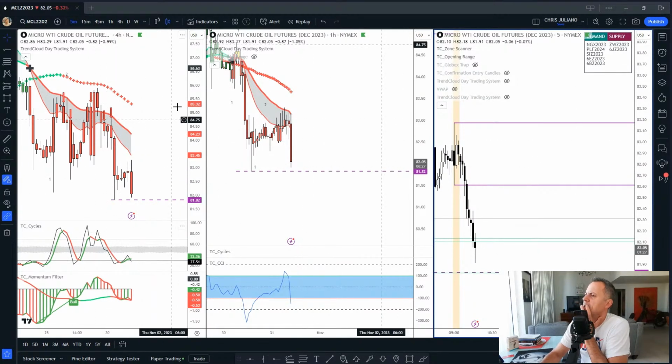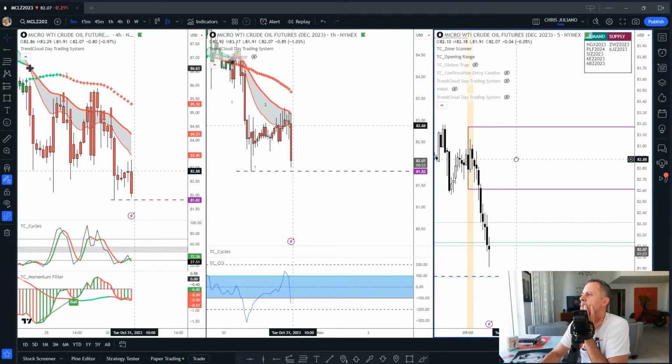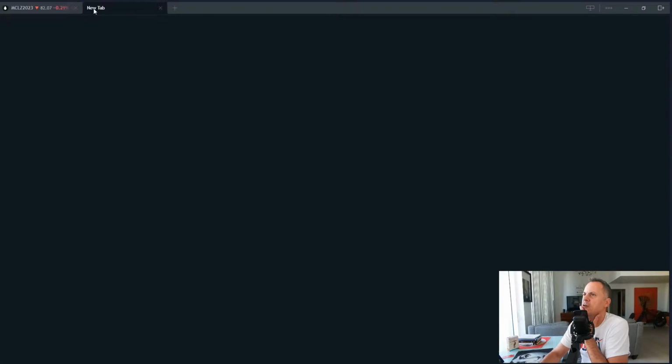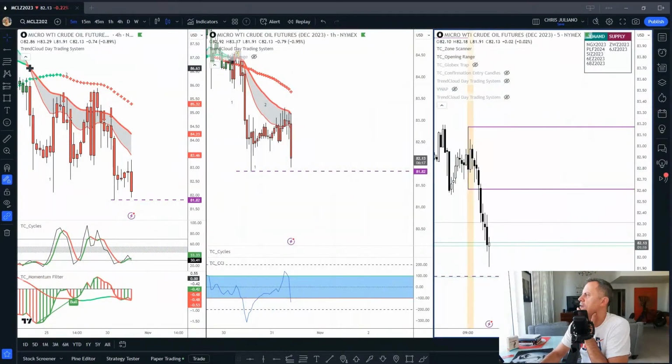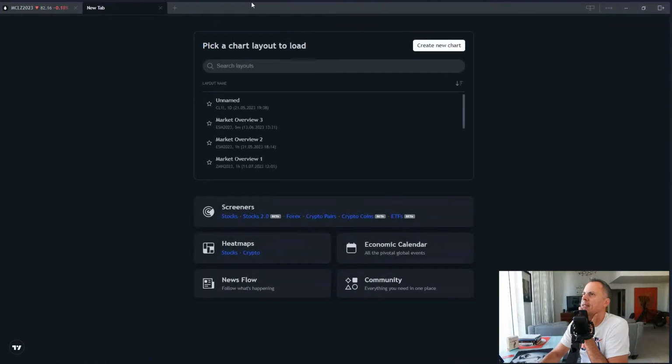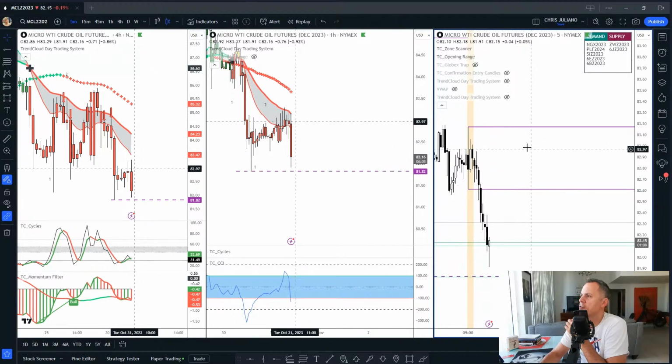Because this is the desktop version. Maybe there's more lag on the desktop version. I'm not sure. But you can do more with it. Like you can open up another tab, put it on another screen, and look at your charts a little differently that way.